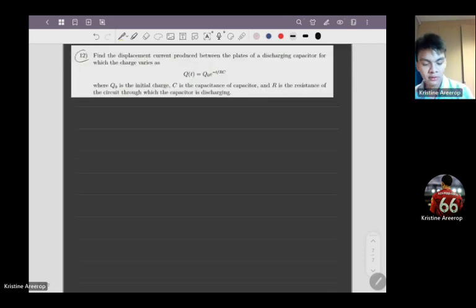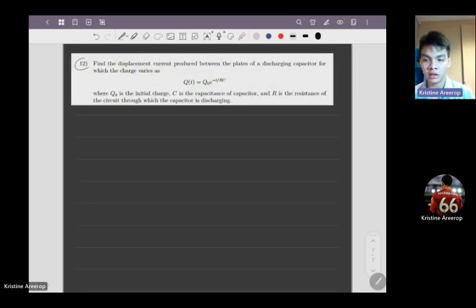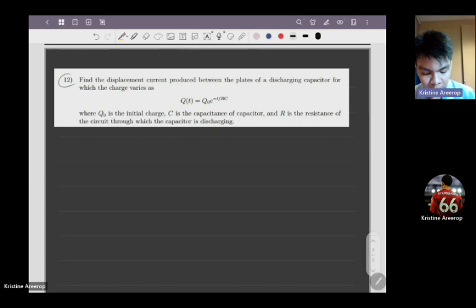For the next question, the last of my solutions, it is about the displacement current produced between the plates of a discharging capacitor for which the charge varies as Q in time t equals Q0, the initial charge, multiplied by e power negative t by RC.